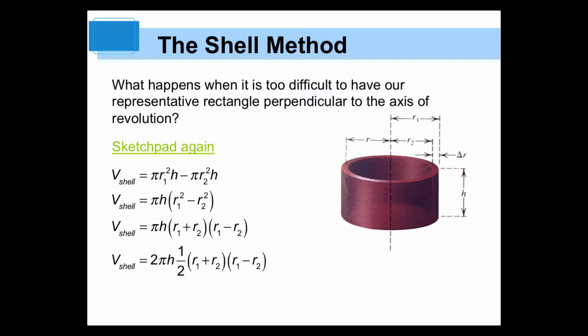Mr. Reed, in that picture, what's the difference between R and R1? R1 goes all the way out to the edge. R2 goes to the inside edge, and R goes smack dab in the middle. What's the 1 and 2?